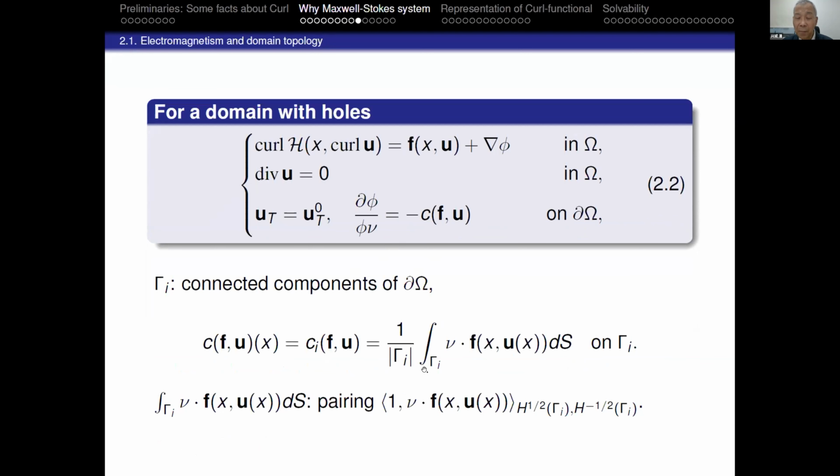Then on each component, you have the integral of the normal component of F divided by the area of this connected component. And this gives you a constant. So c(F,U) is a piecewise constant function, but it depends on U. So for a domain with holes, the Dirichlet boundary condition for phi is not good. The Neumann condition is fine.